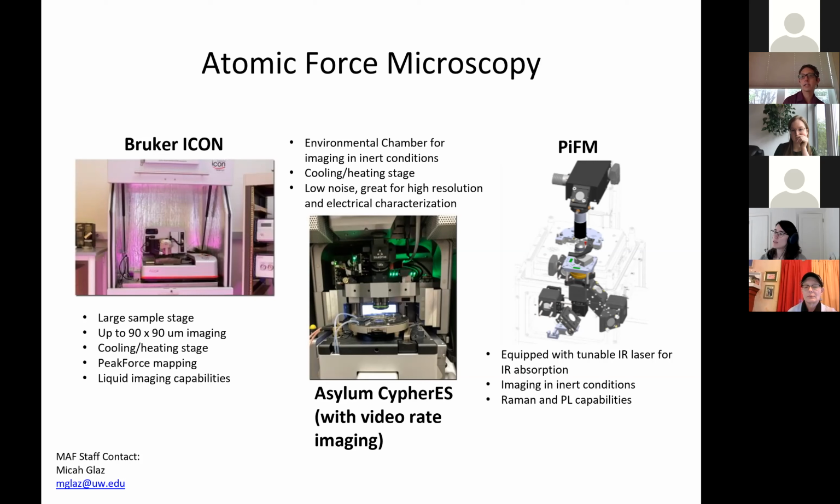It gives you chemical information pixel by pixel, so you can image IR absorption at each pixel on your sample. This AFM is also coupled with Raman, so you get the topography and the chemical analysis with anywhere between 10 to 50 nanometer resolution, depending on the sample.